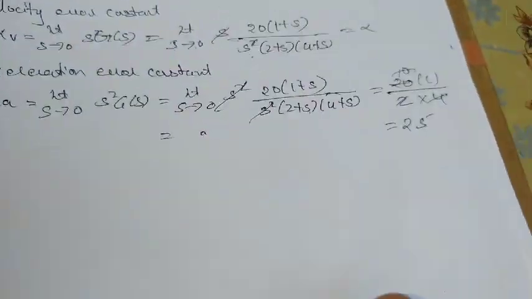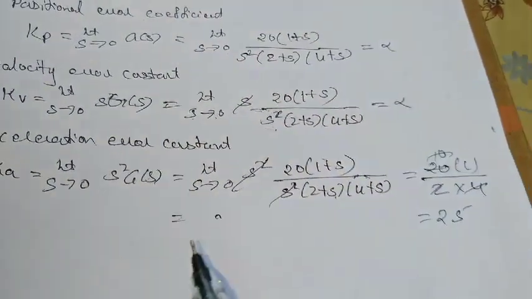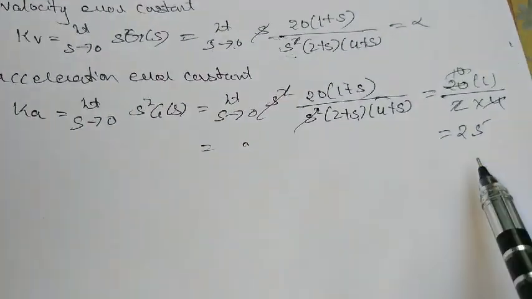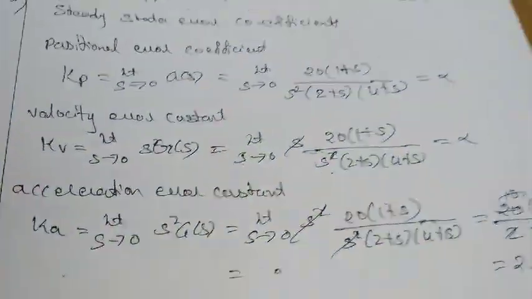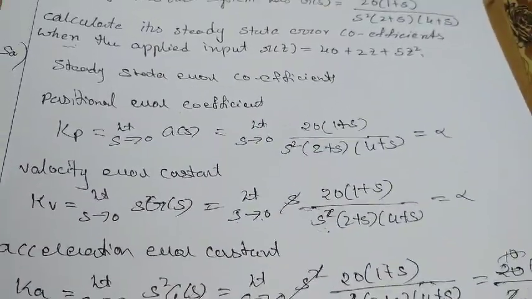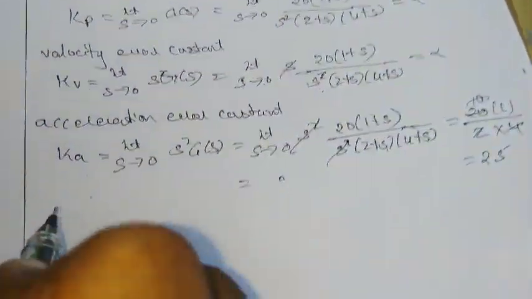So this is a steady state error constant for Ka. Since it is a type 2 system, we have only the Ka value. Now we have to find the steady state error for 40 plus 2t plus 5t square.